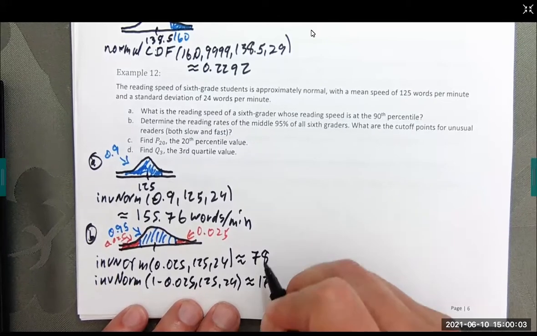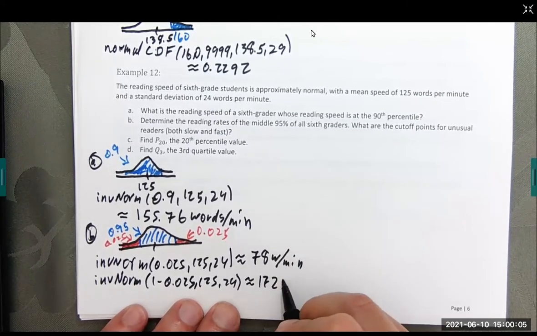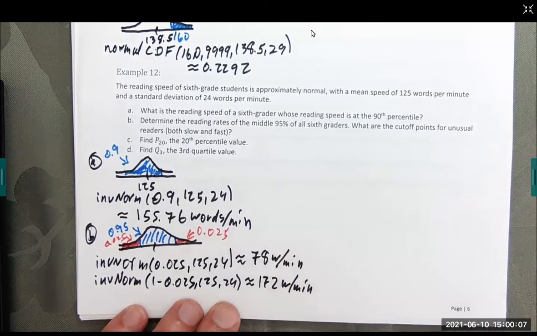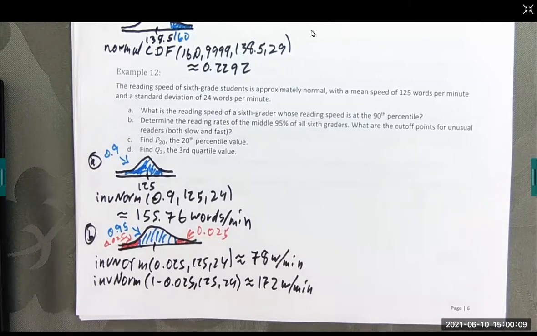This is words per minute. So 95% of the students read between 78 and 172 words per minute, is how we could interpret that.